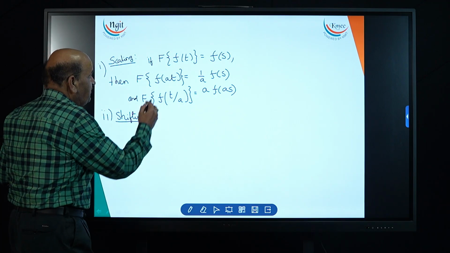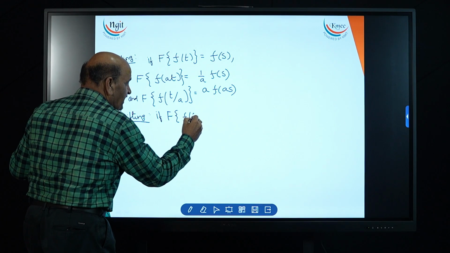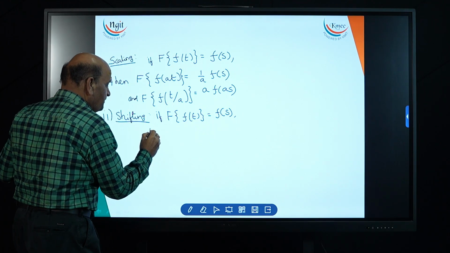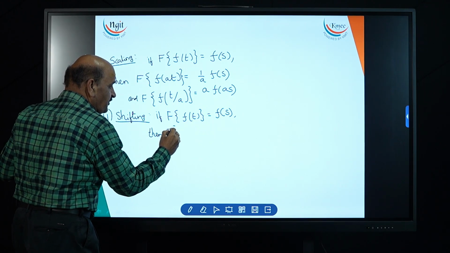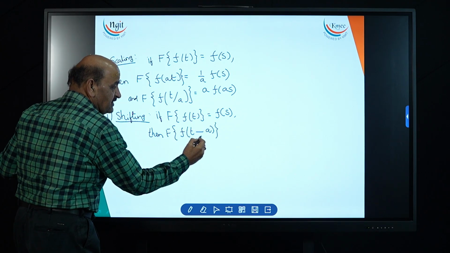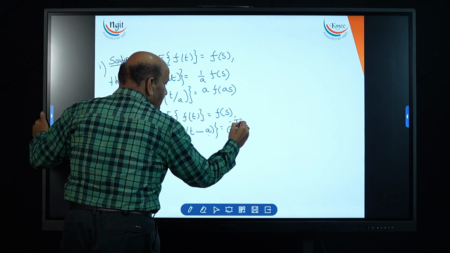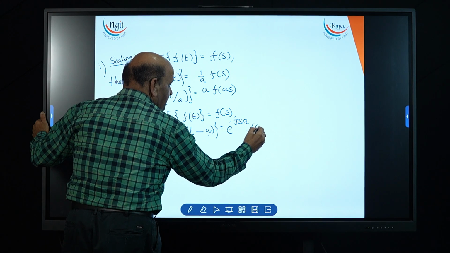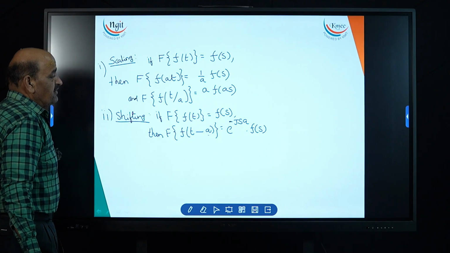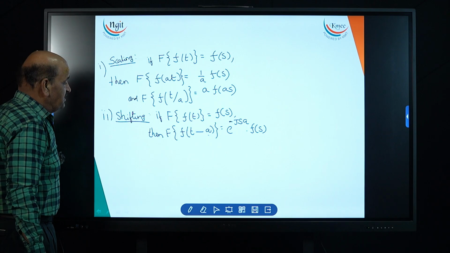Now, if the Fourier transformation of any given signal f of t is equal to F of s, then the Fourier transformation of the signal, if it were delayed by a seconds, will become e power minus jsa into F of s. This is shifting property, very important property.